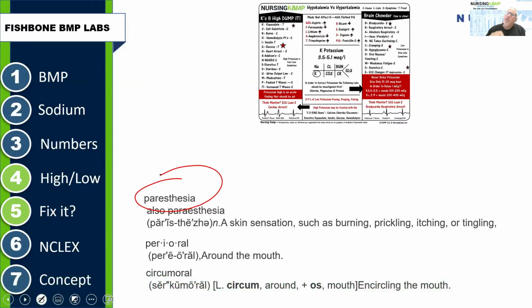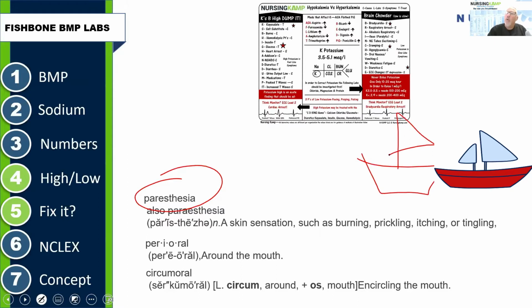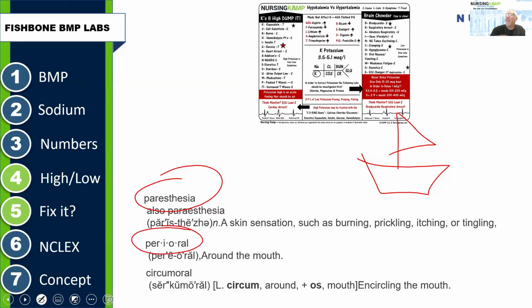So when you see the word paresthesia, that just basically means that's the boat coming. In a previous video, we talked about how the boat is something that is potentially a problem. Paresthesia is a word that NCLEX likes to use to say there's something wrong with this patient and they need further assessment.